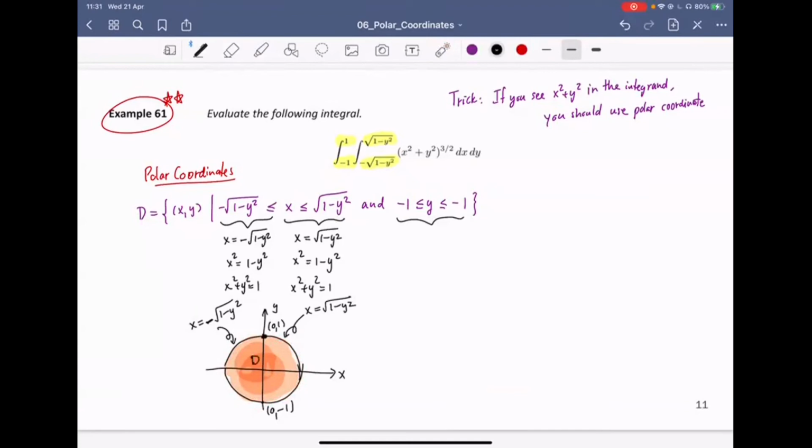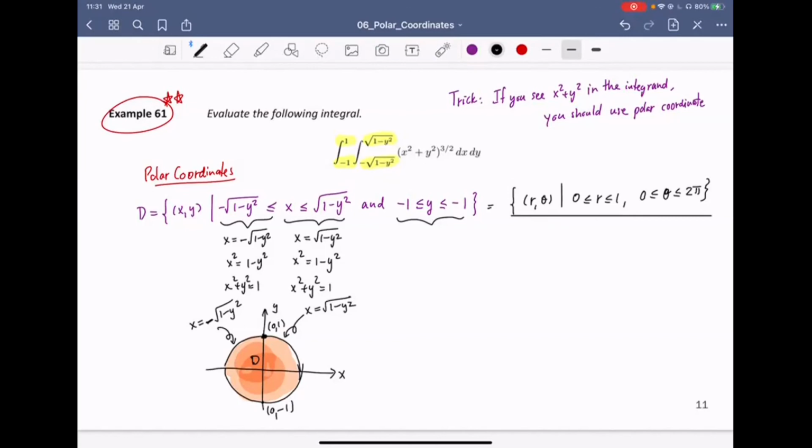This is just a circle. So this is the same thing as r and theta, where r goes from 0 to 1 and theta from 0 to 2 pi. Would you agree? Because this is just a circle, people.